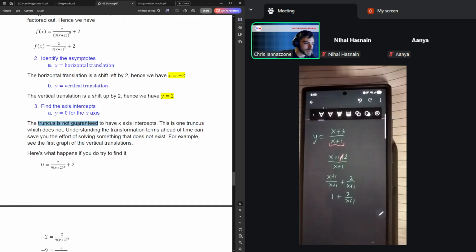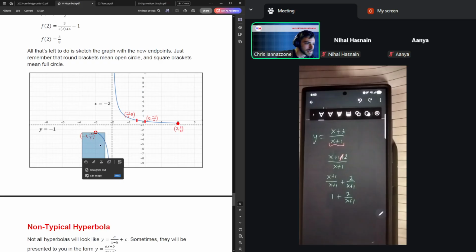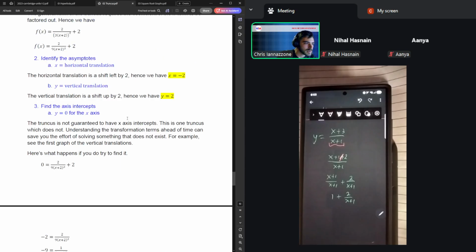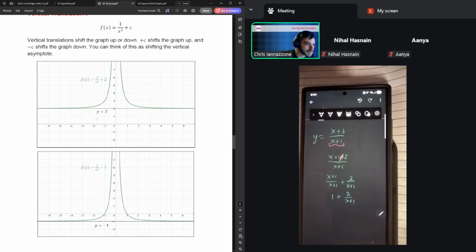One of the things with the truncus is that it's more likely that it won't actually have any x-intercepts. With the hyperbola, because it had 2 sections on top and bottom, it made it easier for it to have both. When it comes to the truncus specifically, if it's vertically shifted and pointing up, none of its tails are touching the x-axis.